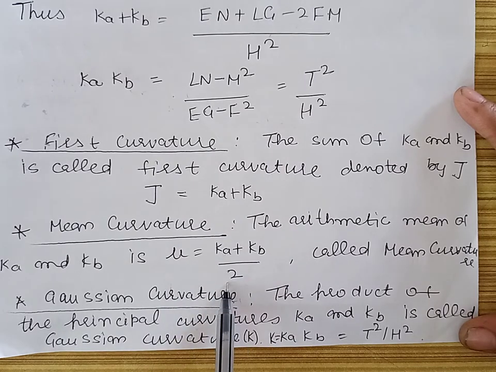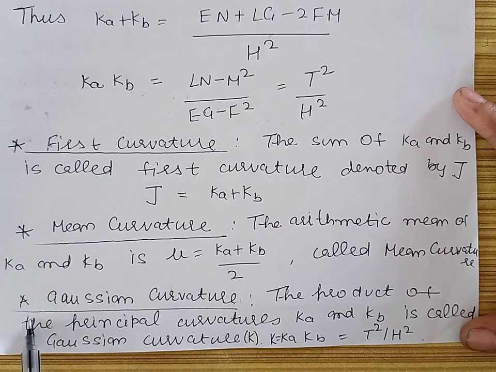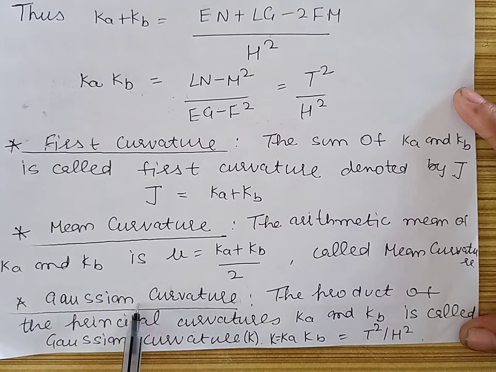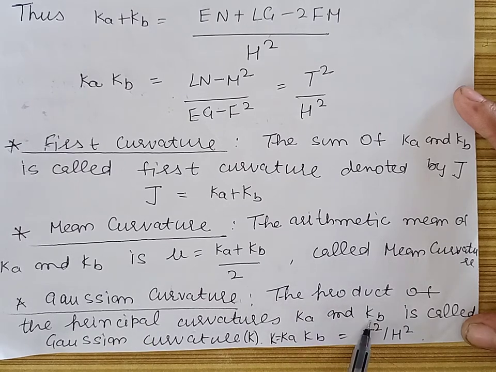This is mean curvature. The last type of curvature is Gaussian curvature. Gaussian curvature is the product of the principal curvatures κA and κB.